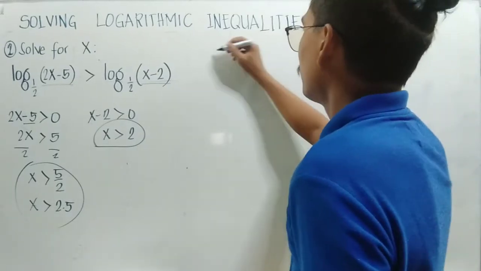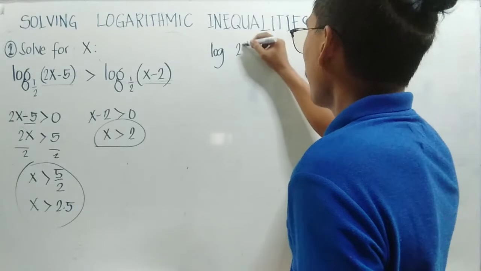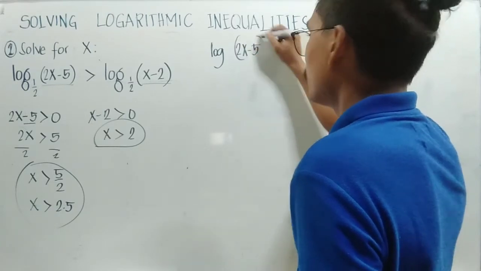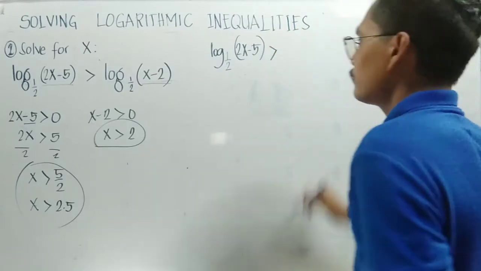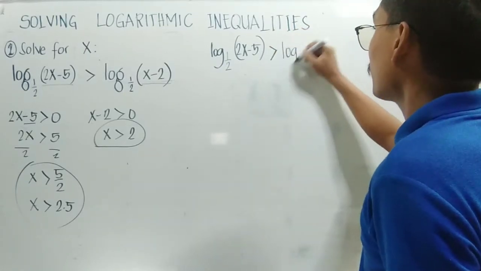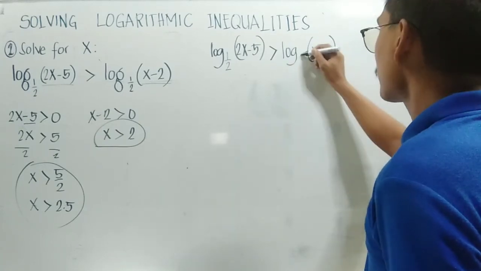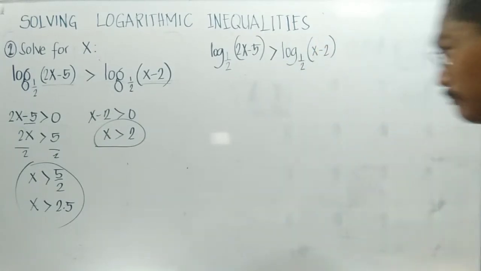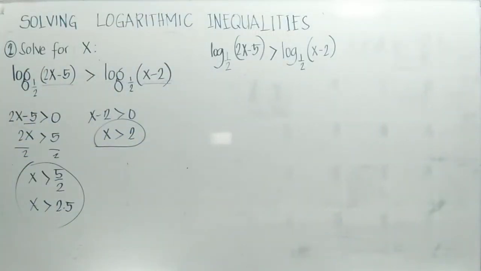So we have log of 2x minus 5 base 1/2 is greater than log of the quantity of x minus 2 base 1/2. Okay, if you can see, our bases are fractions.